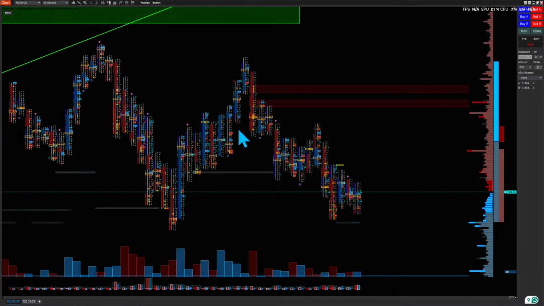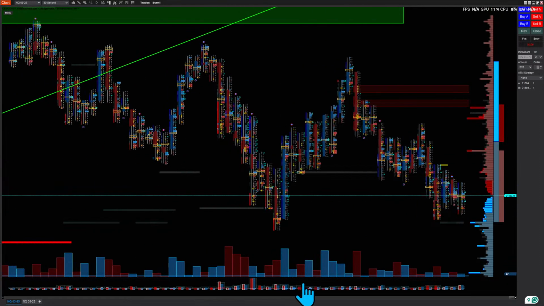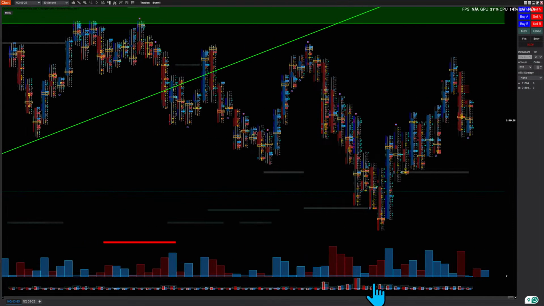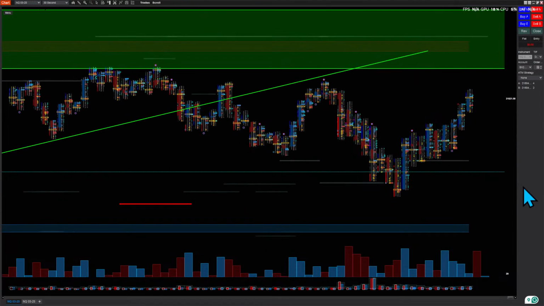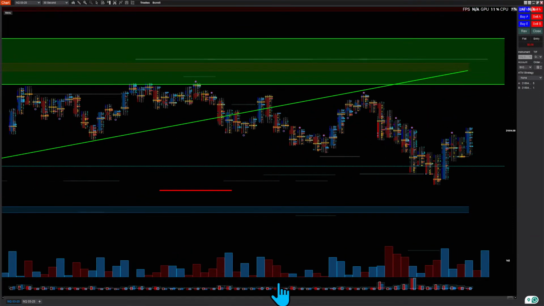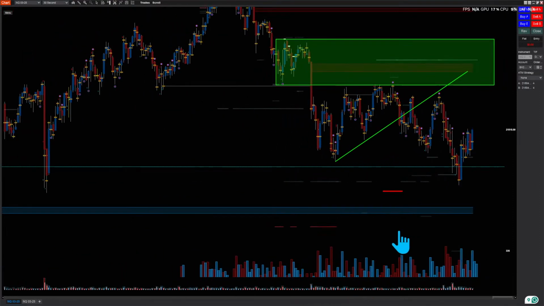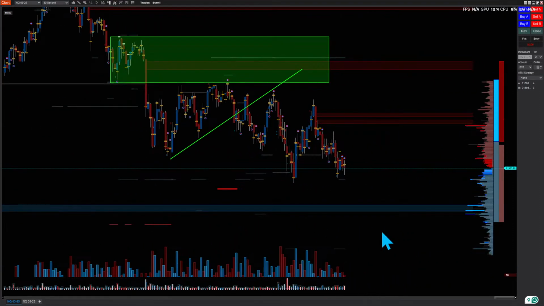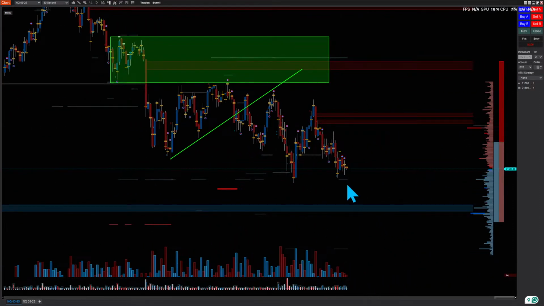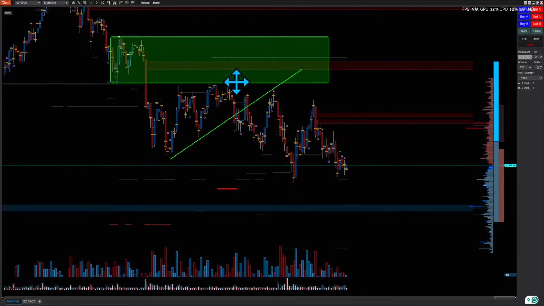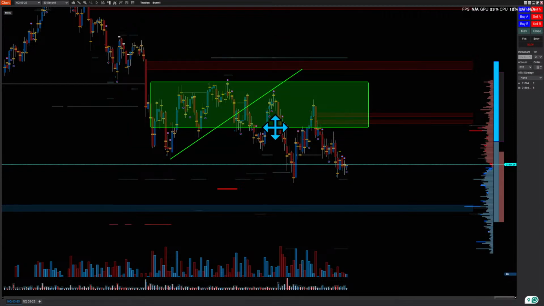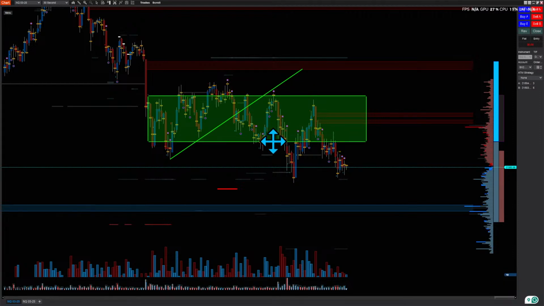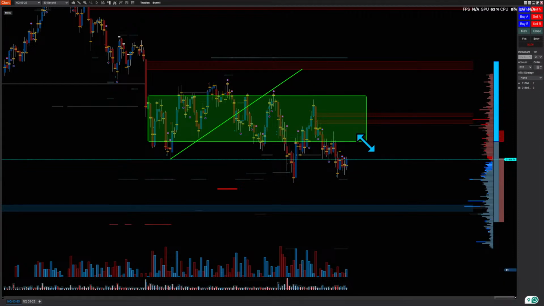So we're going on a tangent for a while, and this is really not a place to make significant decisions unless the price comes to the edge of this. Let me mark it. This is the range, right? This is the range we have now.